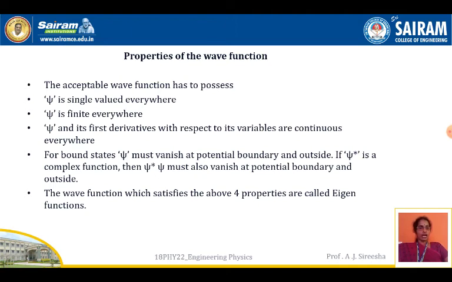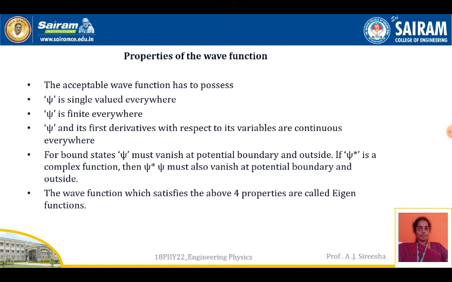If psi star is a complex function, then psi star psi must also vanish at potential boundaries and outside. A wave function which satisfies the above 4 properties is called an eigenfunction. So you have to deal with these eigenvalues and eigenfunctions. Before starting with eigenfunctions, these 4 conditions should be satisfied by the wave function.